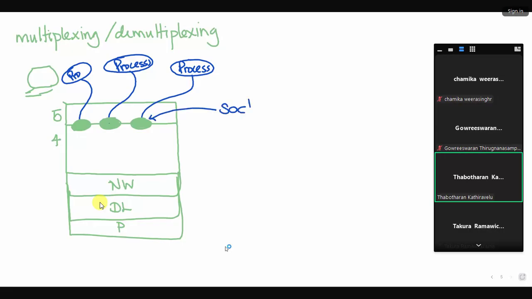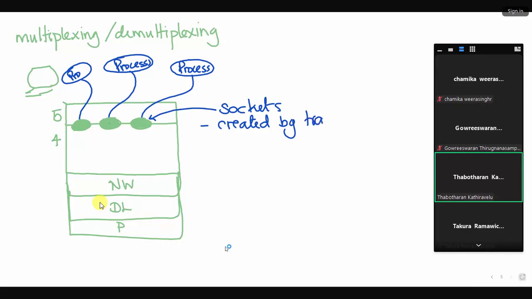Sockets are typically created by the transport layer. A programmer could also create them: when you write your own network application, you may request a transport socket to be created. I will come back to that in a minute.